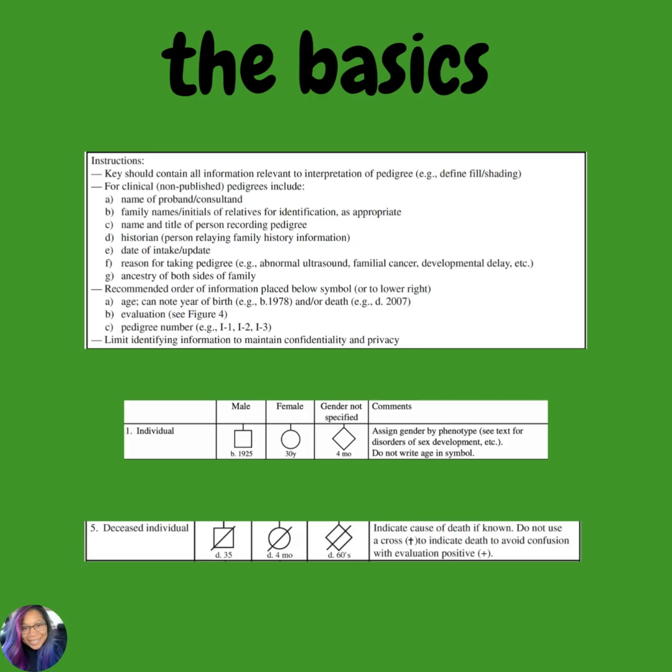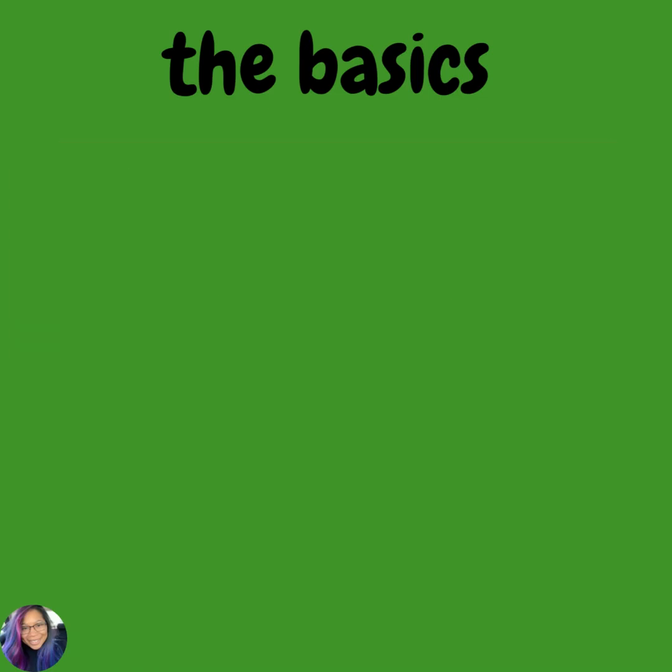Now, male was symbolized as a square, female was symbolized as a circle, and then gender not specified was a diamond. For someone that was deceased, for example, you would put a slash through that person or that individual signified by either a diamond, square, or circle. And you normally write D period, the age in which they passed away.